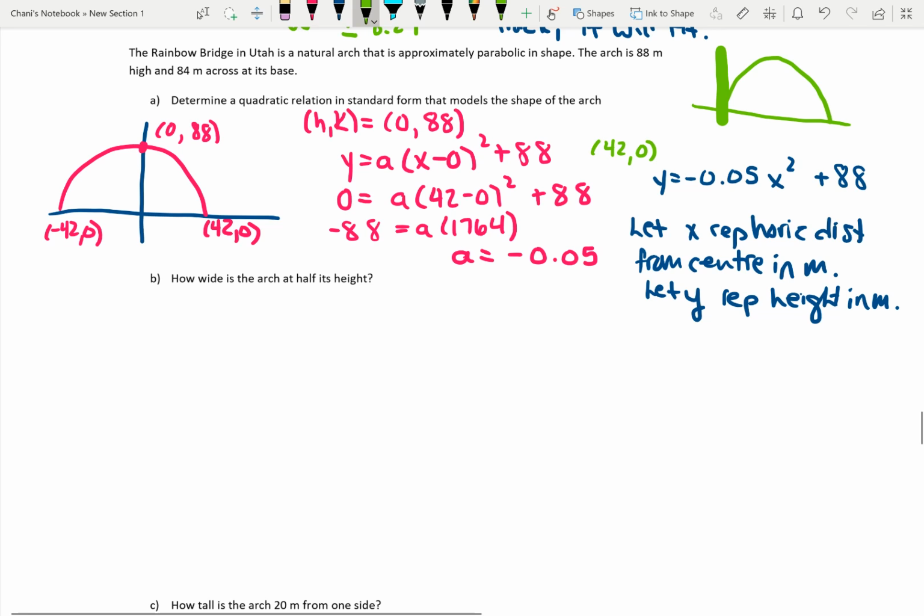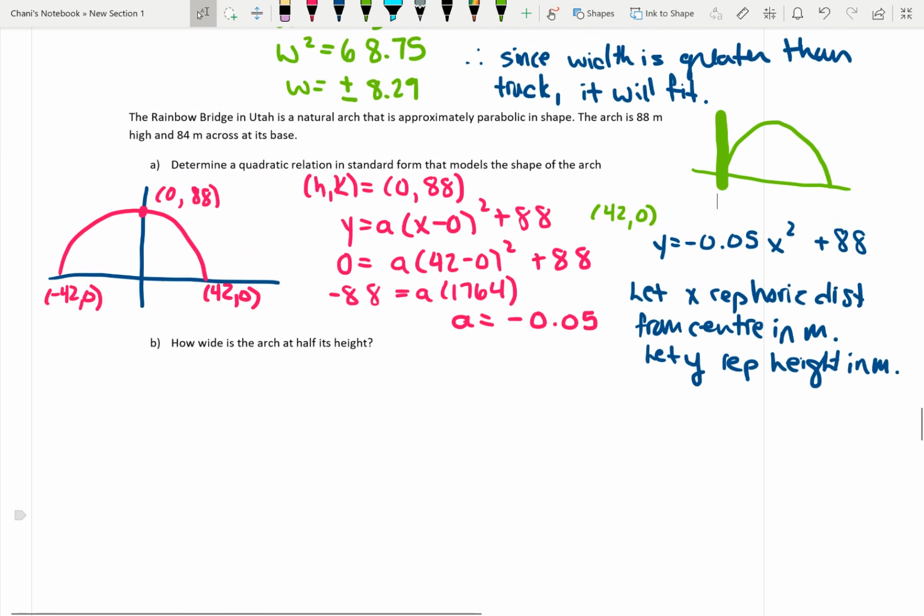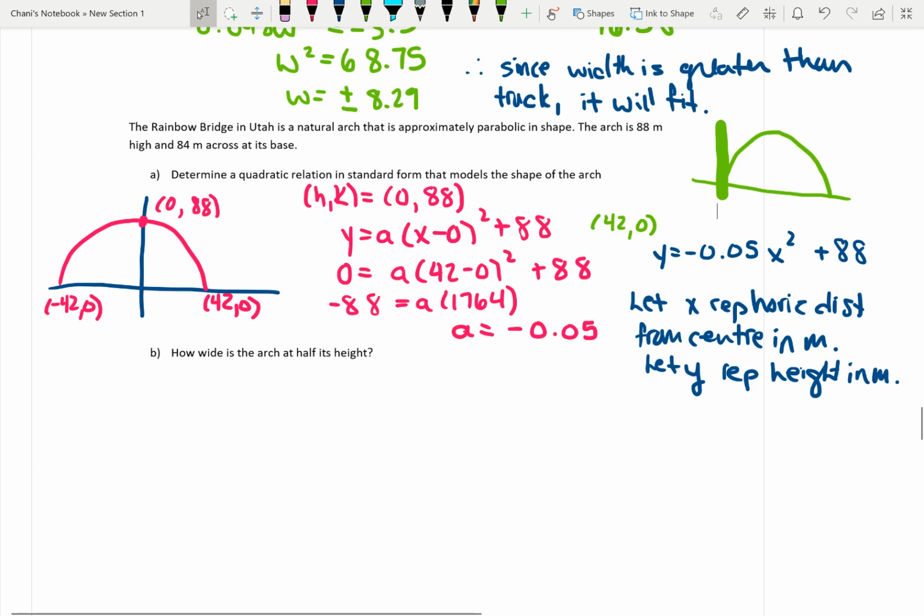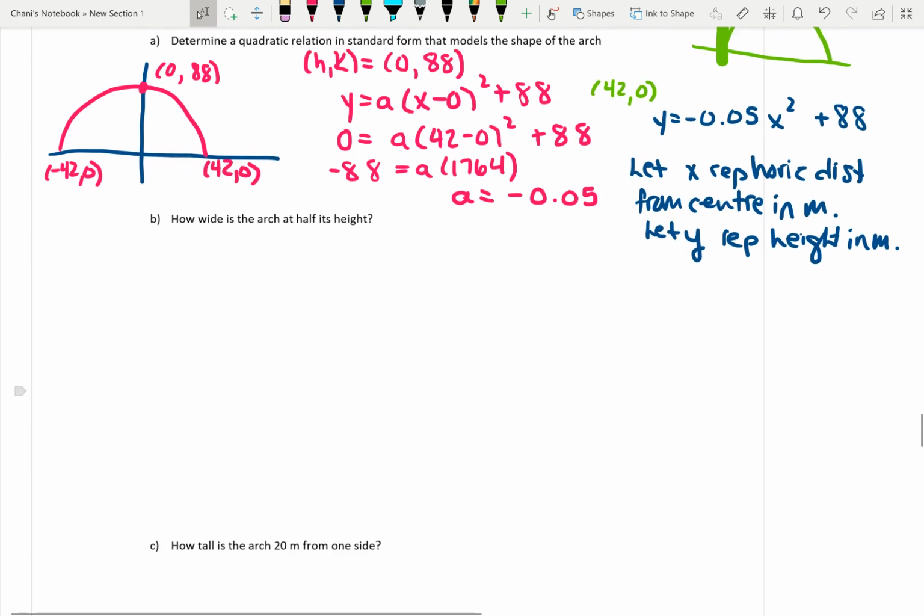So this is still acceptable. It's just the methods that you would use to find how tall is the arch 20 meters from one side, you just would be putting in different x values. So I tend to suggest to students to just always draw it this way since that's how I present it to you. But if you want to play around with it and try this representation, by all means, go ahead.